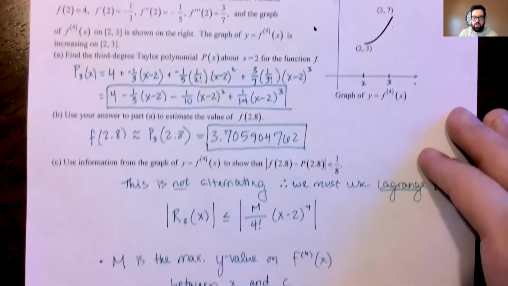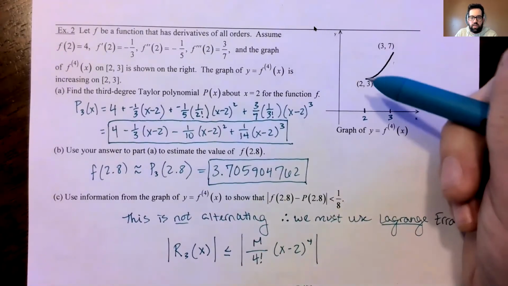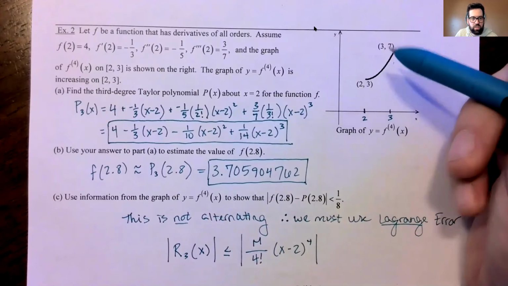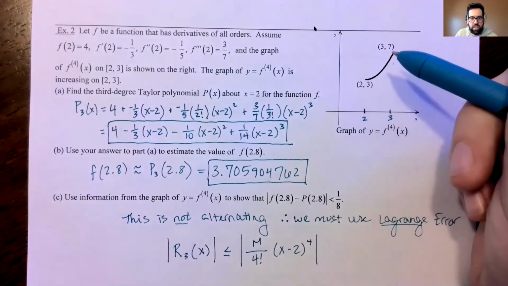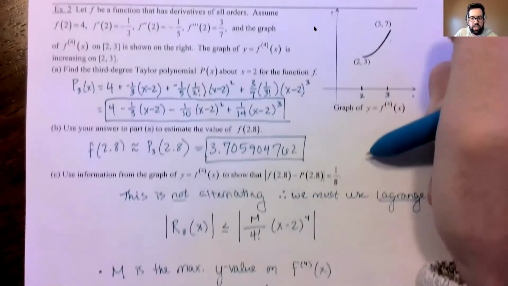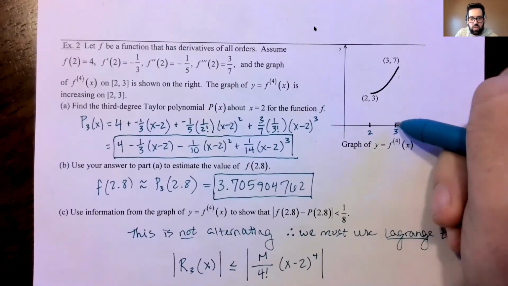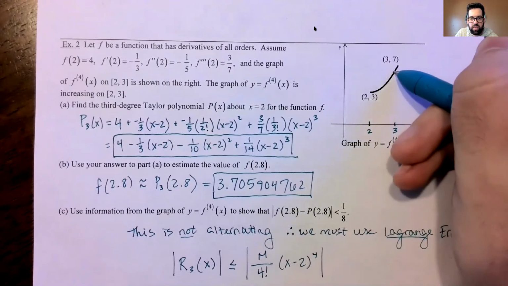And lucky for us, we have a graph. Here is a graph of the 4th derivative. It looks like this. We're told that it's increasing from 2 to 3. And we are interested in the maximum y value between x and c, between 2 and 2.8. So 2.8 is going to be right around here probably.